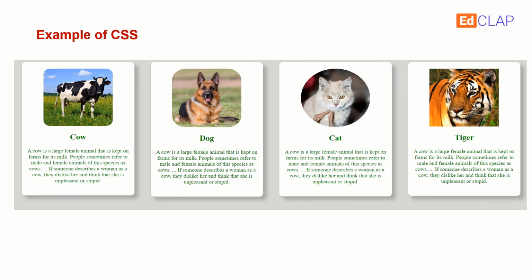Now coming down to some examples. See here, this is simple text along with one heading and one simple image. The image, heading and text look very nice, right? Because the shape of the image changes.